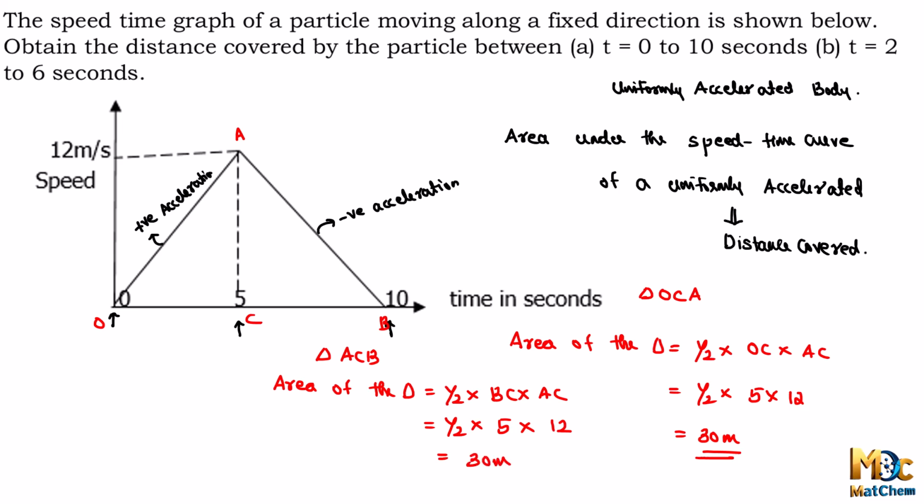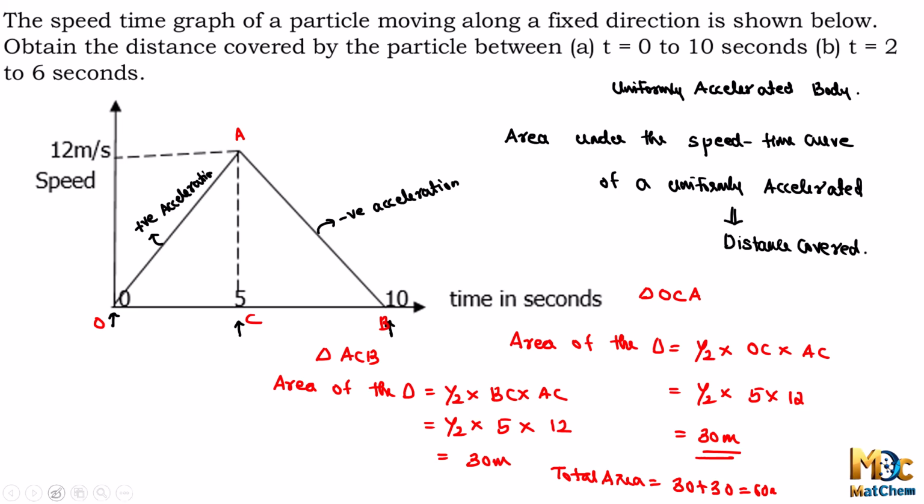Therefore, the total area will be 30 plus 30, which is 60 meter. So 60 meter is the distance covered by this particular particle for the time of 0 to 10 seconds.